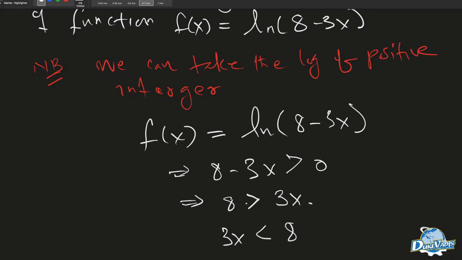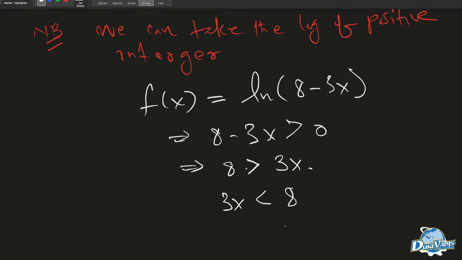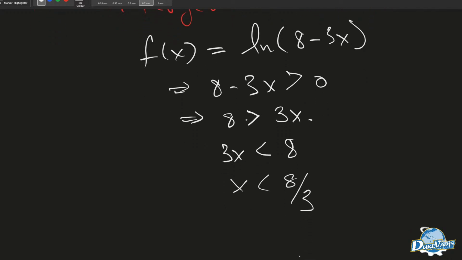When we divide both sides by 3, we get x less than 8 over 3. So this is the domain of the given function.